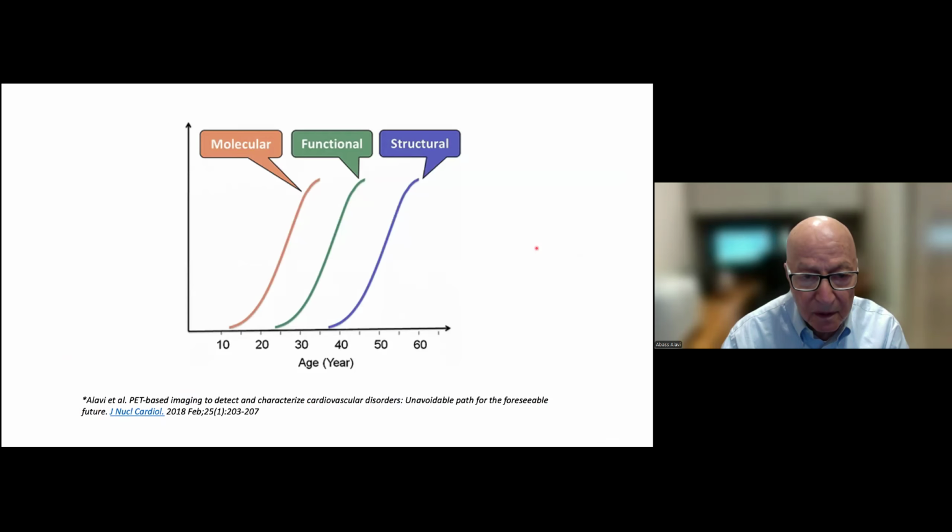Because disease starts at the molecular level, and it goes on for a while, then changes function, such as blood flow through the arteries or any other functional activity, and eventually structural changes occur, which is the irreversible phase of any disorder, including atherosclerotic plaques.